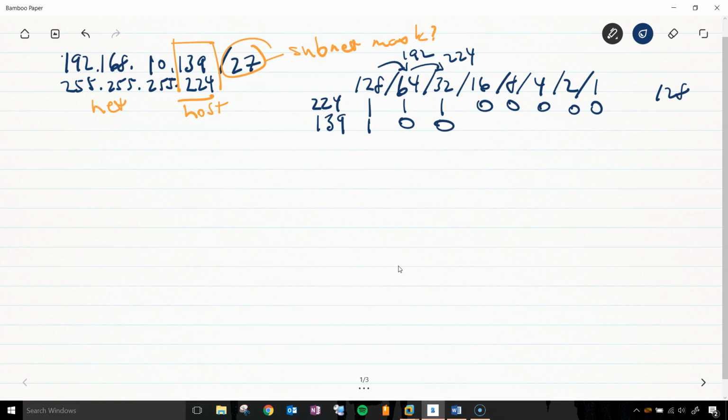And 16 and 128, is that going to go over 139? Yep. Plus 8, 136, and 137, 138, and 139. Okay, so 128 plus 8 gives you 136, and 3 more gives you 139.